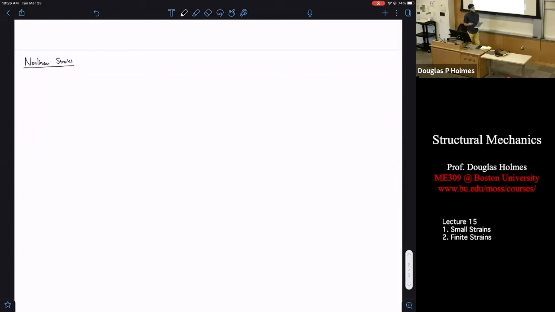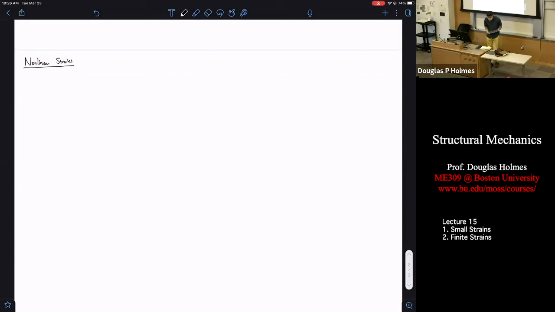More often than not, this is how people talk about nonlinear deformations. This is absolutely true for problems in biological biomechanics of growth, and for the study of hyperelastic materials, things like rubbers.